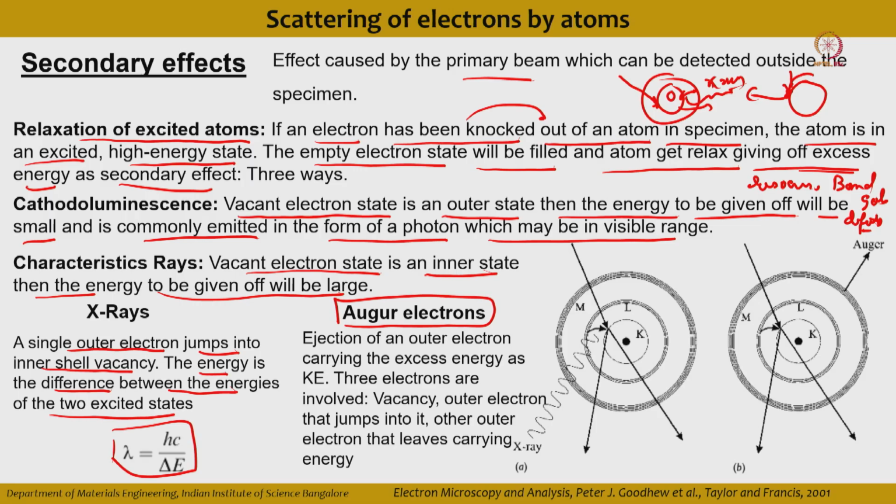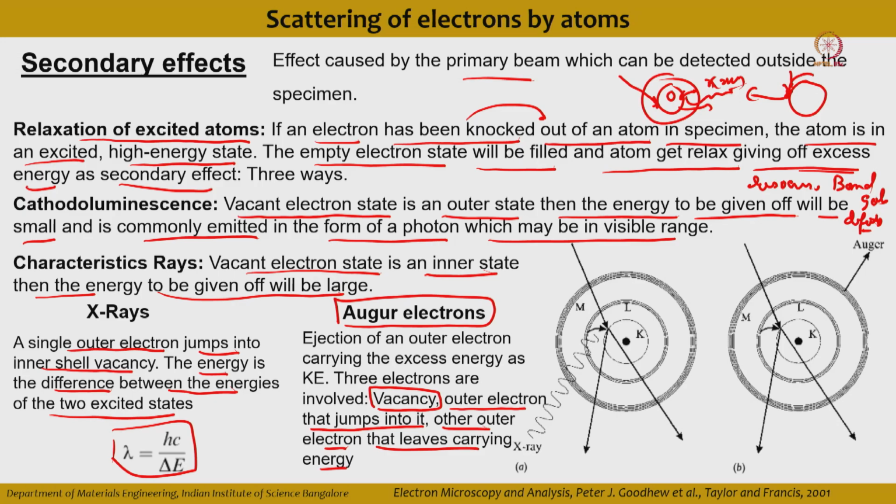When an inner shell electron is knocked out from the atom, there will be a first vacancy, correct. Then an outer electron jumps into the vacancy, and another outer electron leaves carrying the energy.